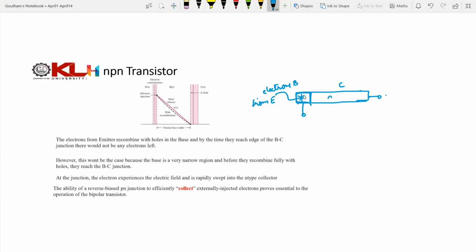Now because this is a p type material base, these electrons should start recombining, but from our understanding of PN junction diode, we have seen that the electrons that come into the p type region start diffusing, and they become the minority carriers in the p side, and their influence is limited only to the vicinity, if you remember.